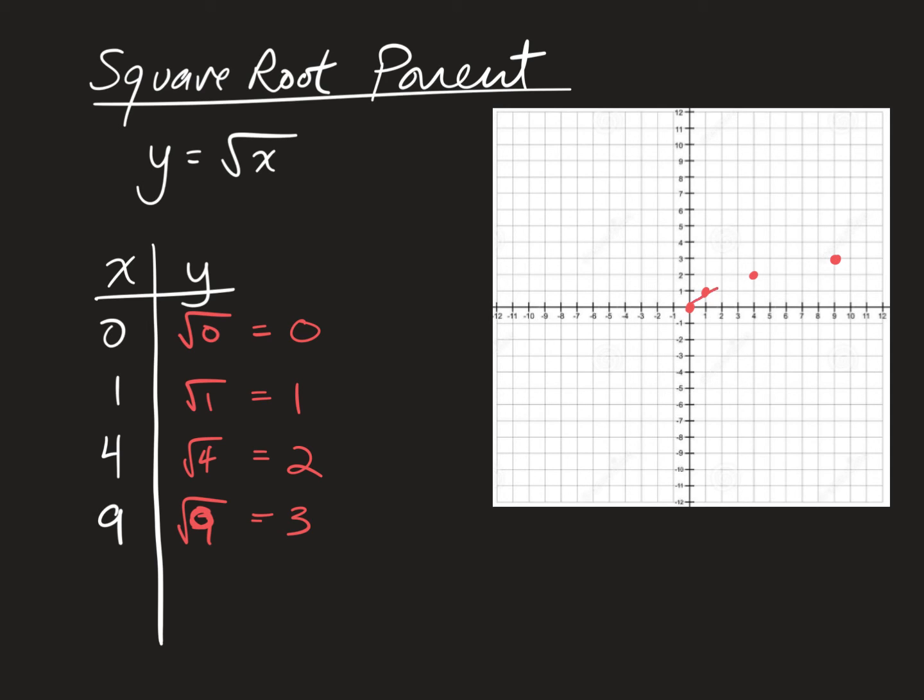Just go ahead and connect those as best you can. We cannot let this graph go any further left than this because you cannot put negative numbers in here for x. Again, it will give you imaginary y values, which do not exist on this coordinate plane.